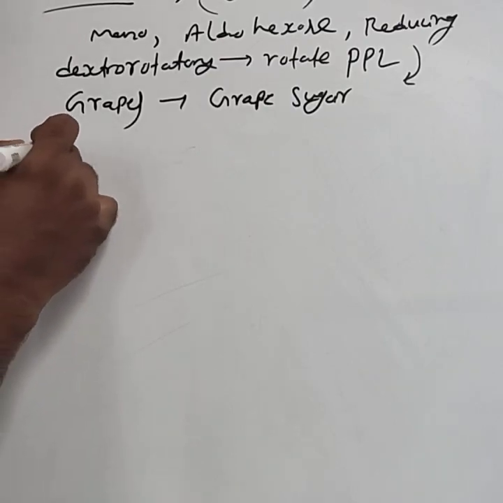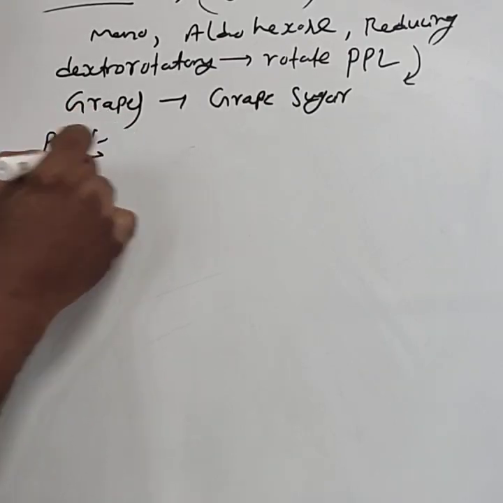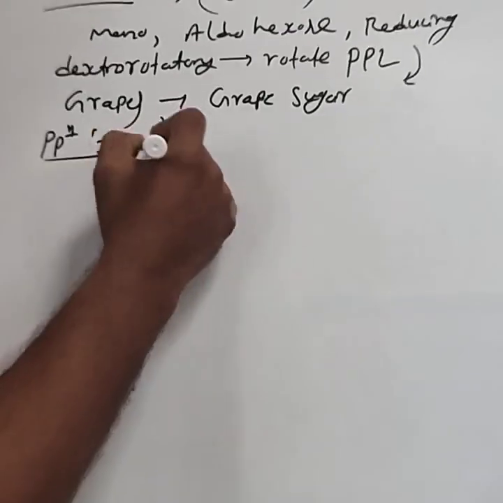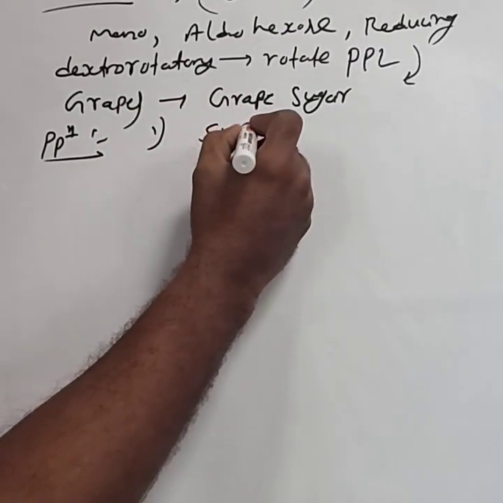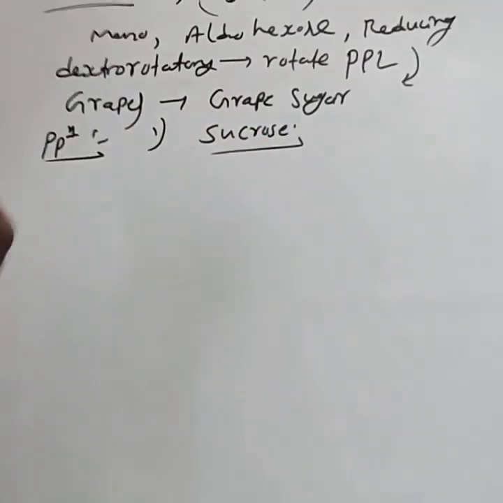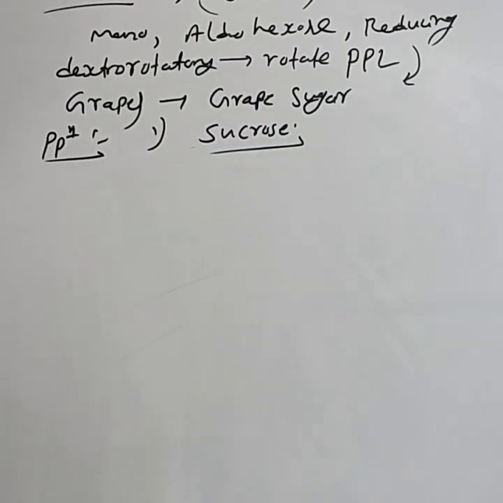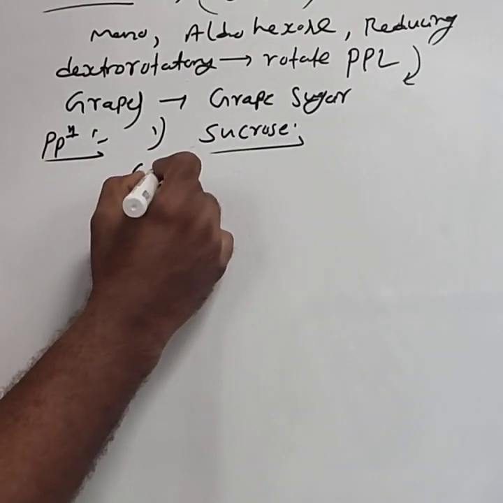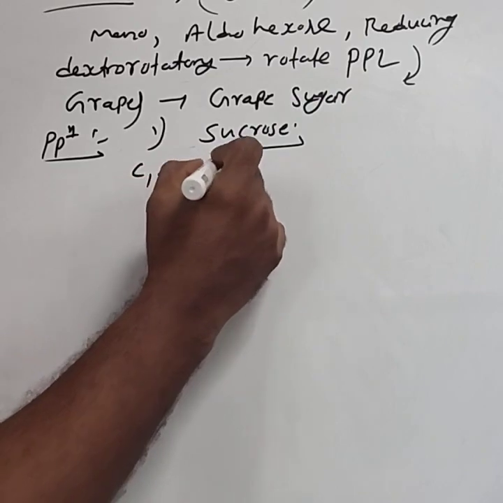Then consider the preparation. The first method is from sucrose. The sucrose formula is C12H22O11.